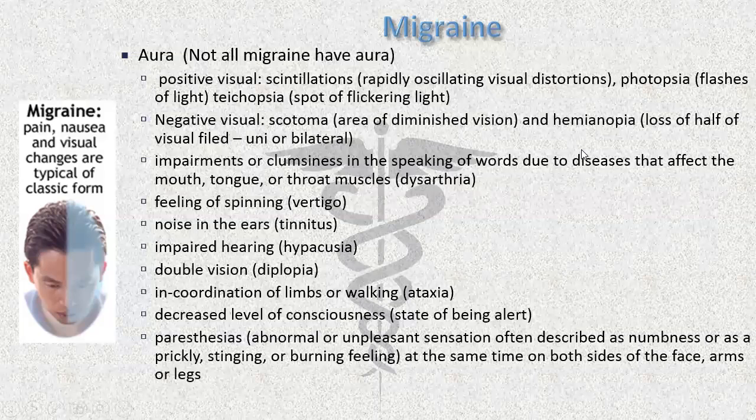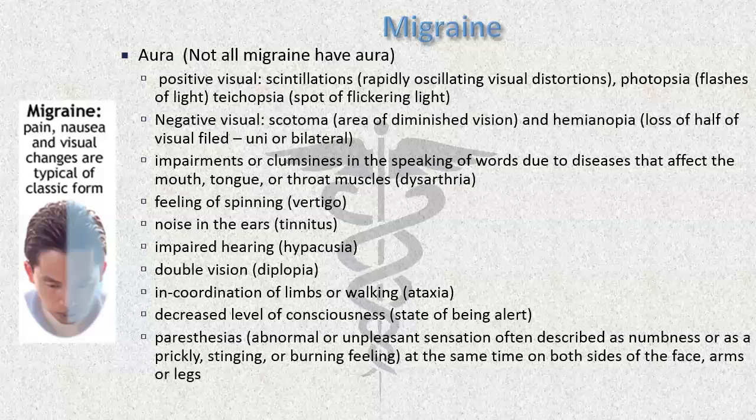And they can be a bunch of different symptoms. Some of the more common are visual aura, which can be positive, which means that it's something added to your experience. Positive visual aura is typically things like scintillations, which are rapidly oscillating visual distortions, or photopsia, which is flashes of light, or tychopsia, a single spot of flickering light.